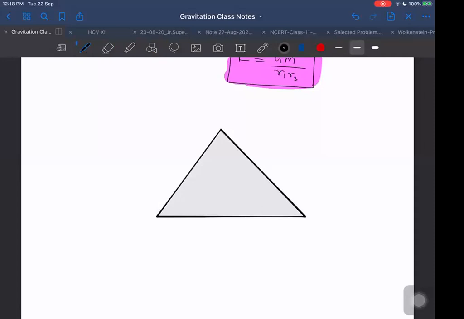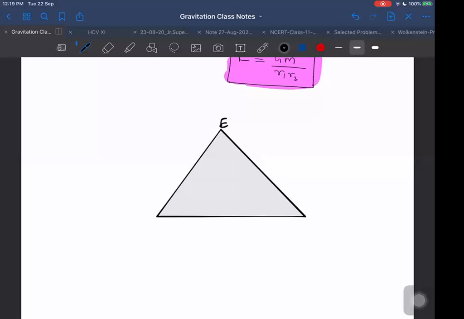Let us say this is a triangle, and I want to find the field at a point here. I cannot find it here actually. Can I find basically G into 4 pi r rho H? Let me try.